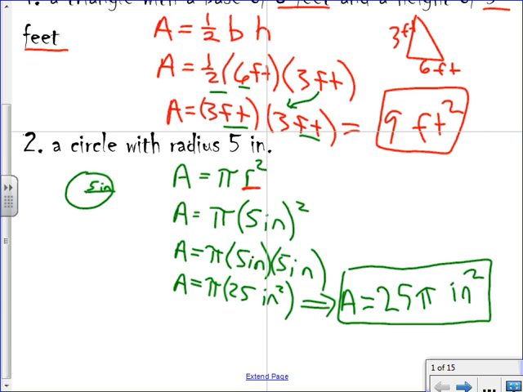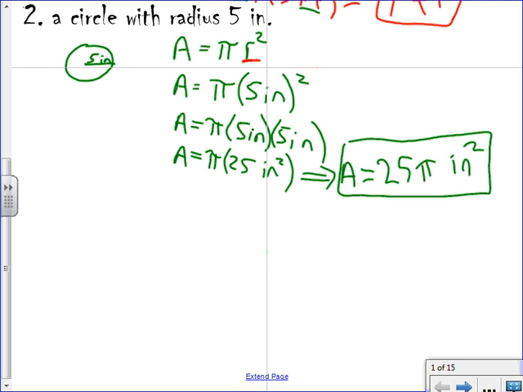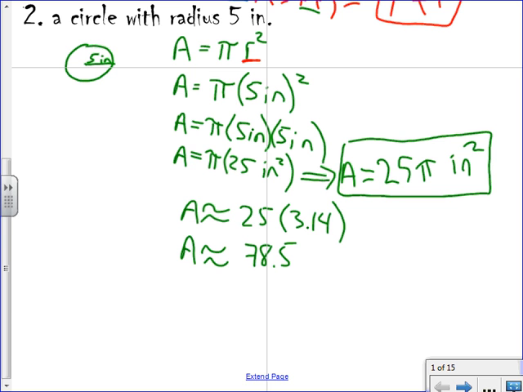However, we also want an approximation. So area is approximately equal to 25 times, instead of pi, 3.14. I'm going to use a calculator, but you all know how to do this with pen and pencil. 25 times 3.14 is approximately 78.5 inches squared, or square inches.